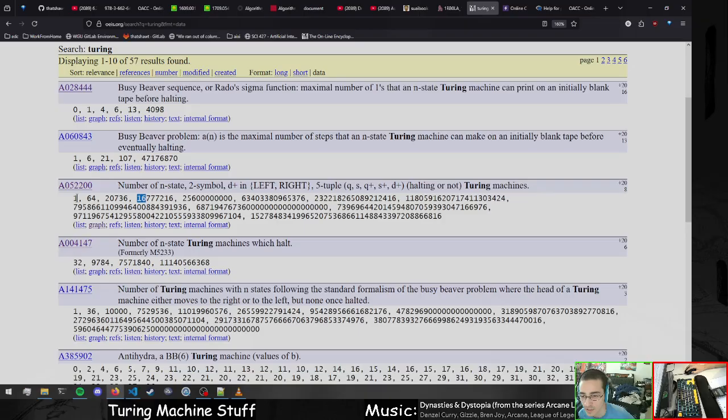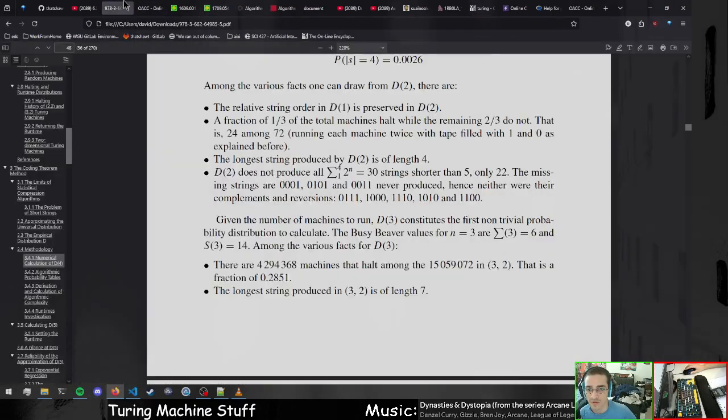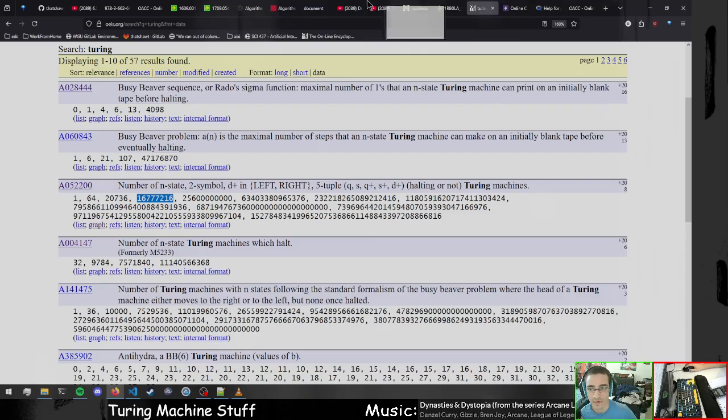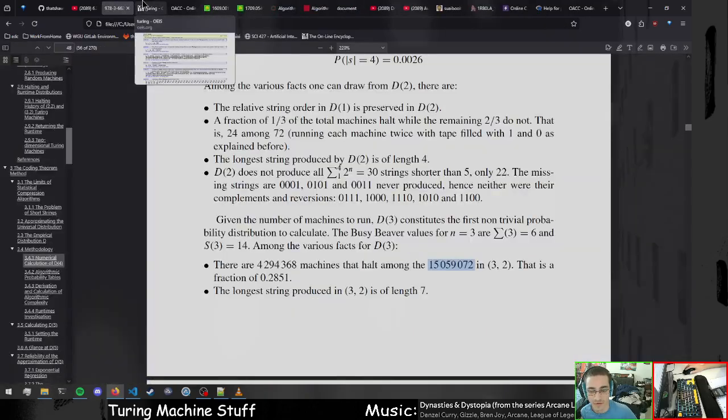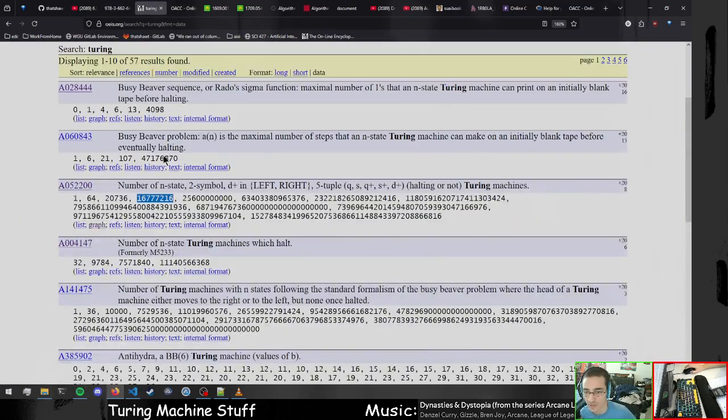So this is the 1, 2, 3. I think it's this. This has to be the 3 state. And they got this number, weirdly, and they say there are this many machines that halt. So are they considering fewer machines? Because actually there's this many that halt.